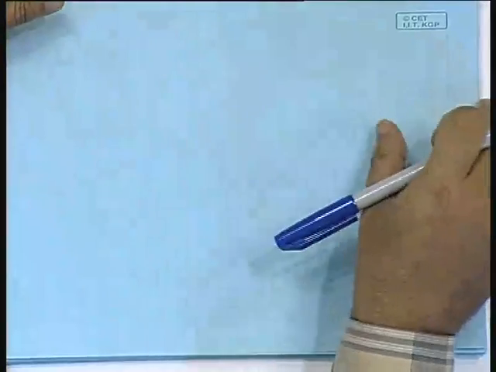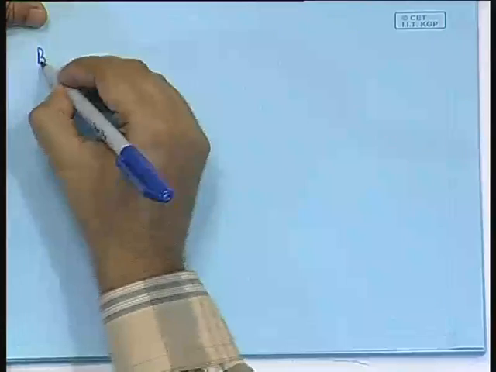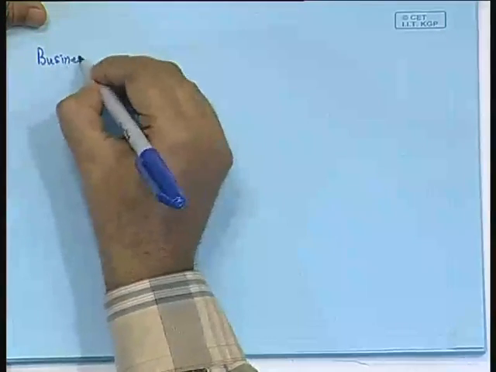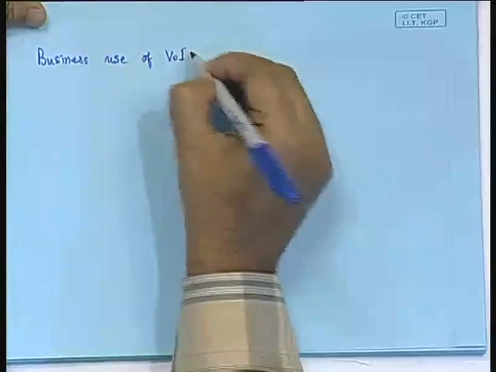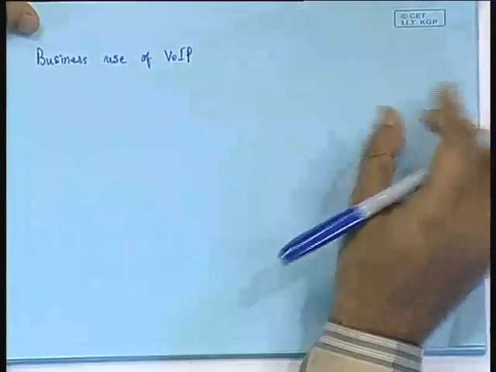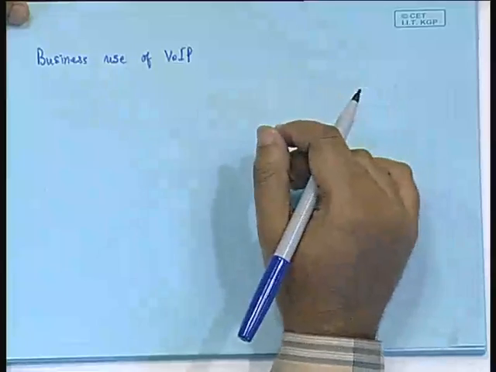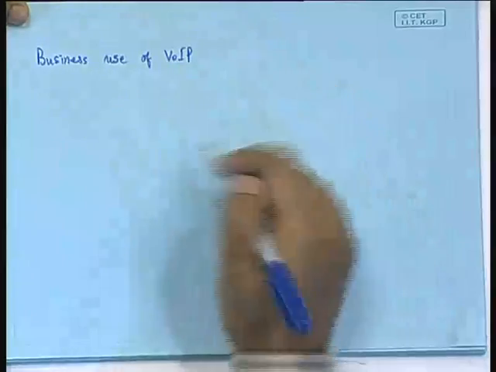So, let us see how to have both, that means voice over internet as well as the public switched telephone network. Let us see some business use of VoIP, where both PSTN as well as voice over IP is used.